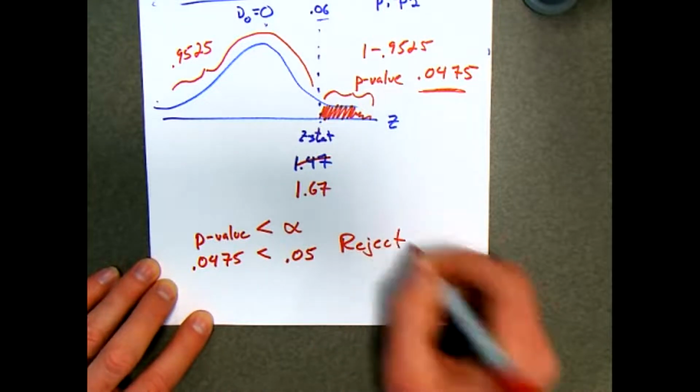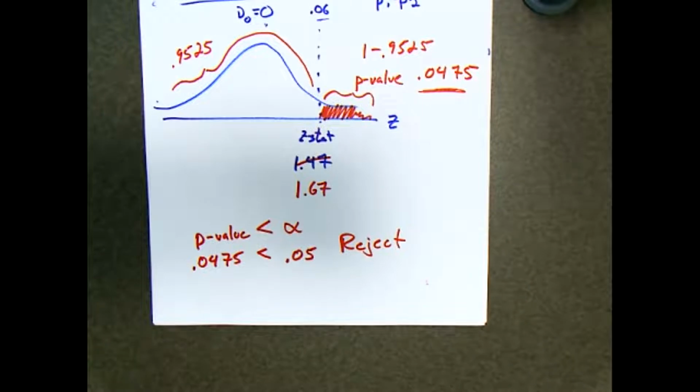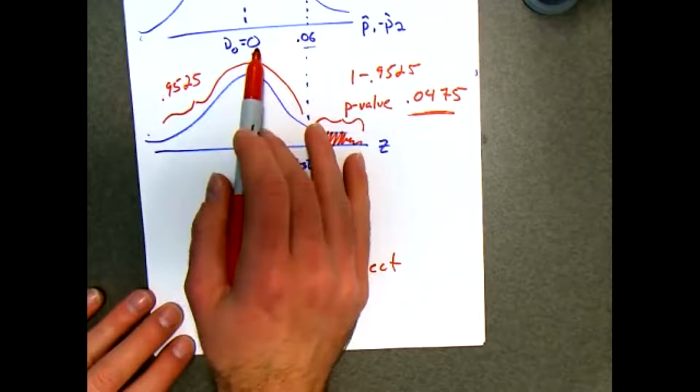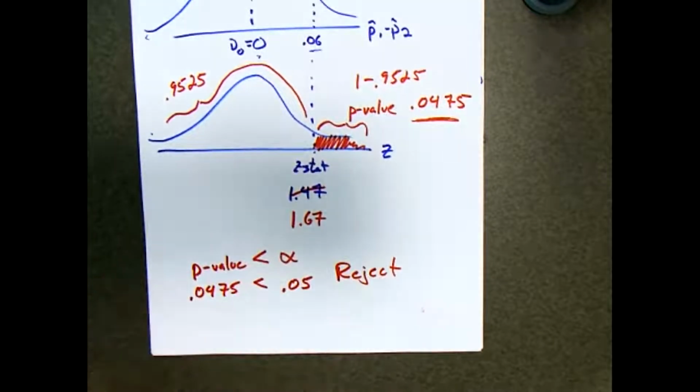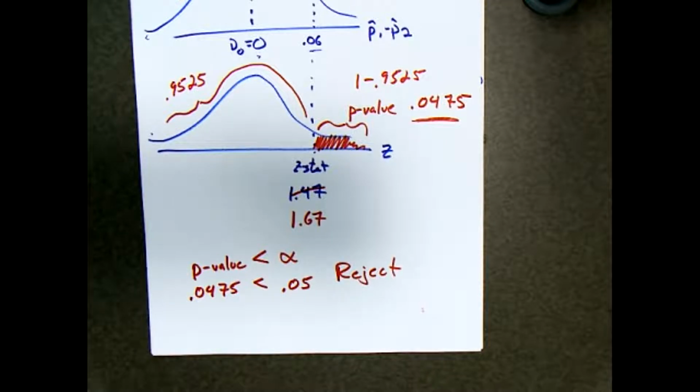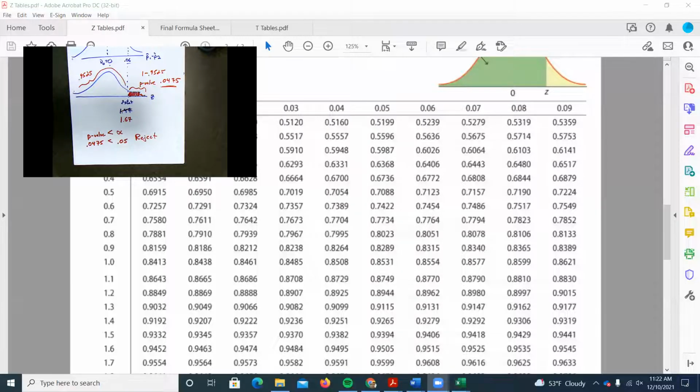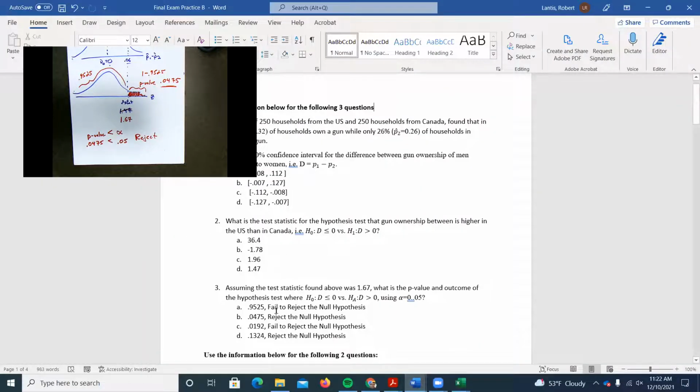So here, at the 5% significance level, or with 95% confidence, I could reject that assumed true difference of 0, or less than or equal to 0, I think it was. Any questions on that one? All right, so we got our p-value and our rejection decision. So that would be 0.0475, and we reject it.